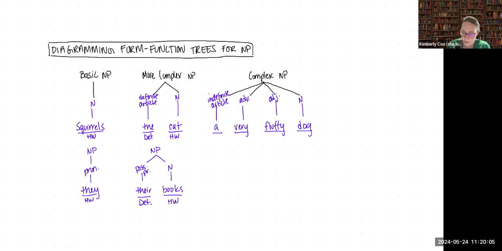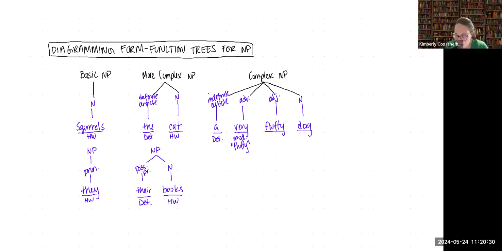So let's take a look at the function. A is a determiner, just like the or their. Now, very is an adverb. It's not a very dog. It's a very fluffy dog, which means that very is actually modifying fluffy, right? Fluffy is telling us about the dog. It's a fluffy dog.